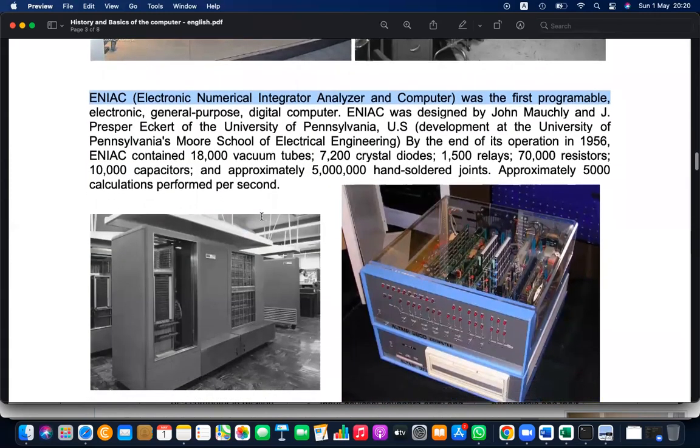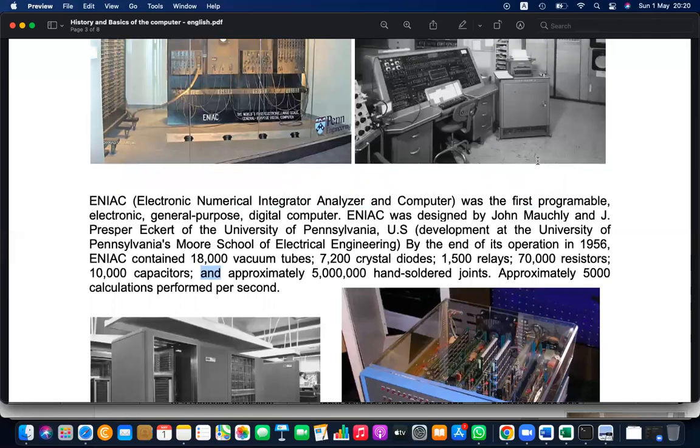Here you can see approximately 5,000 calculations per second, 18,000 vacuum tubes, 1,500 relays, 70,000 resistors. Imagine the size. It is a very large machine indeed.